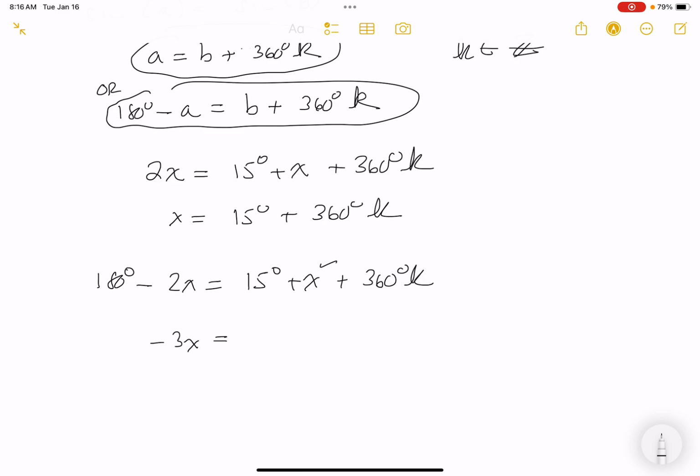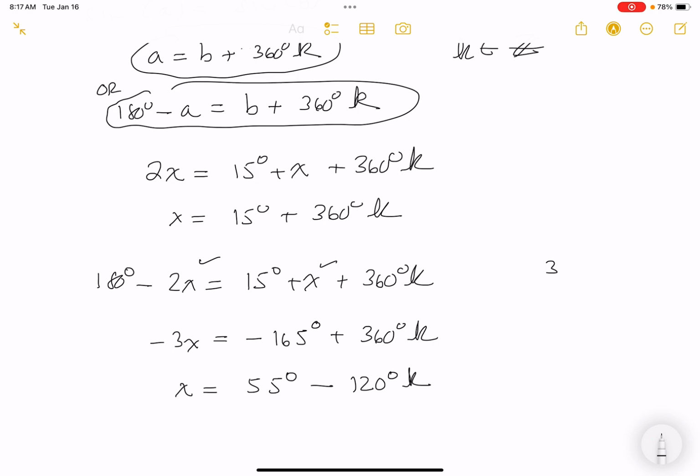You get minus 3x equals minus 165, I'm taking 180 from both sides, plus 360 degrees K. I'm going to divide both sides by minus 3. You get x equals 55 degrees minus, I'm doing 3 into 360 now, it's 120, right?